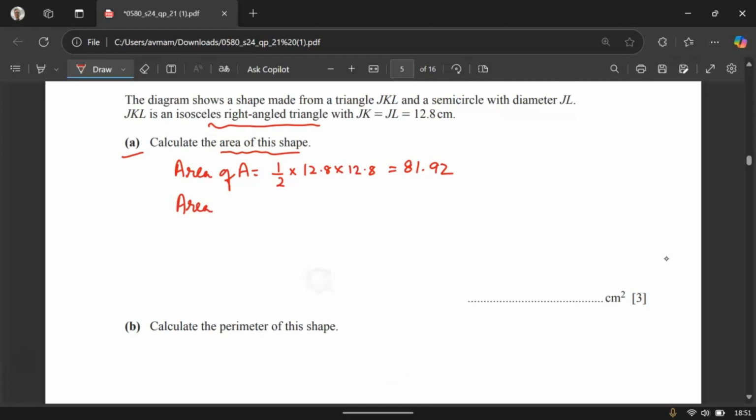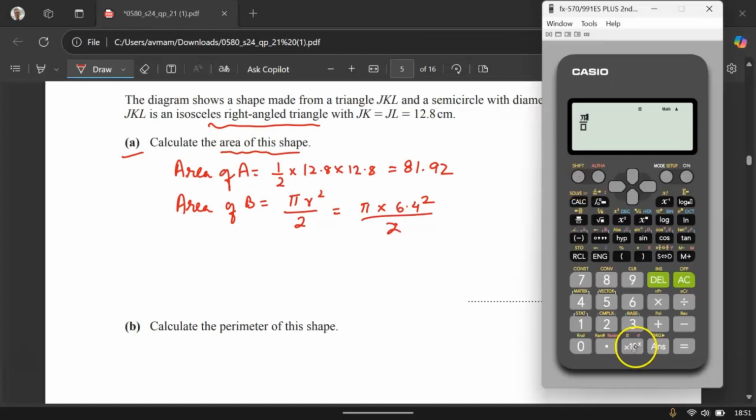So area of B is equal to, area of a circle is given by the formula pi r squared, but we need to make it half, so let's divide by 2. So pi times 6.4 squared divided by 2. That gives us 64.34.